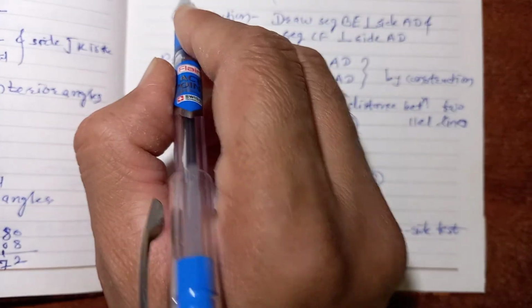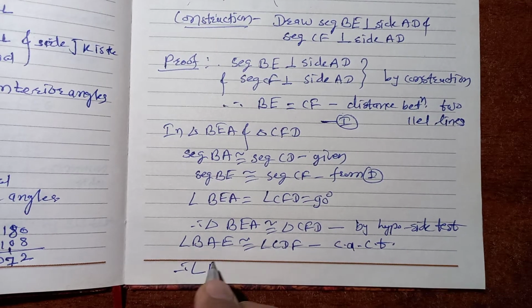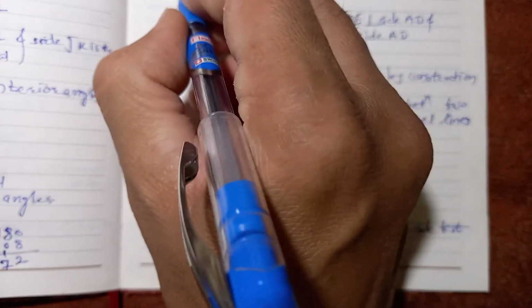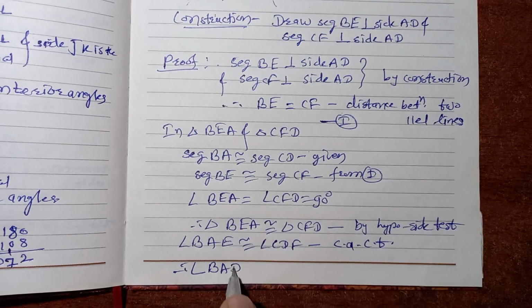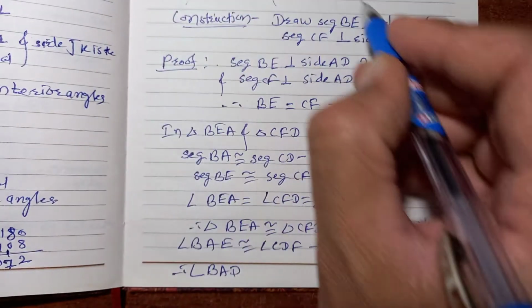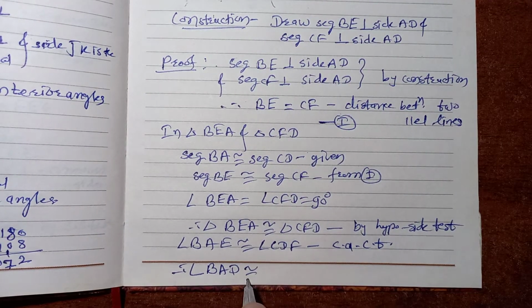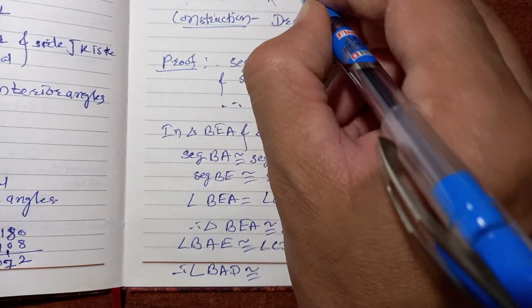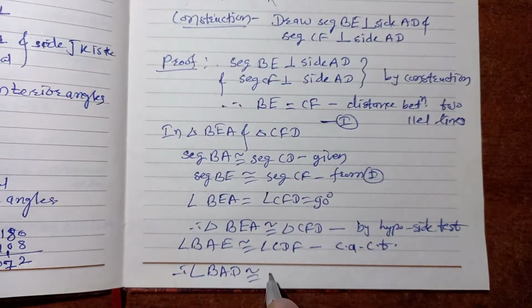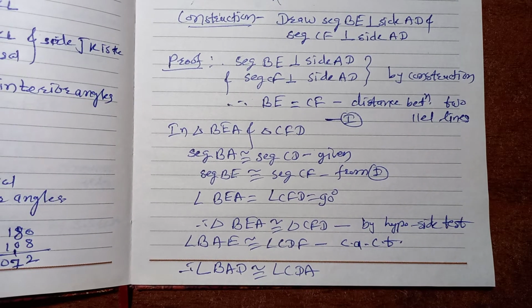So can we say this BAE as BAD? Therefore, angle BAE, instead of E, you can take D, because we have to consider this whole quadrilateral for the proof. BAD is congruent to CDF. Instead of CDF, we can say angle CDA.